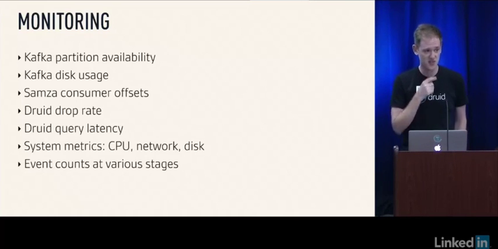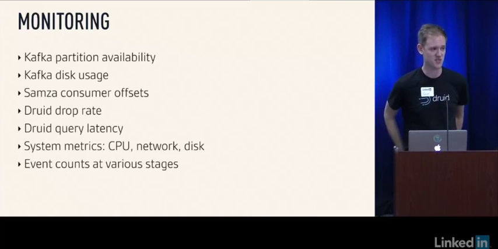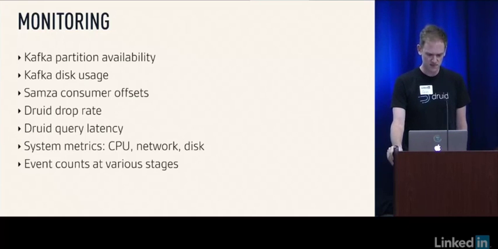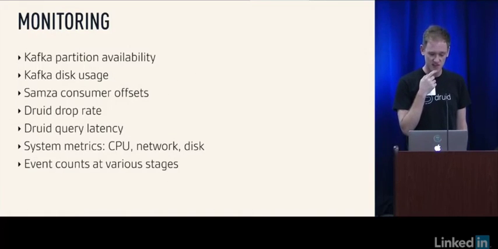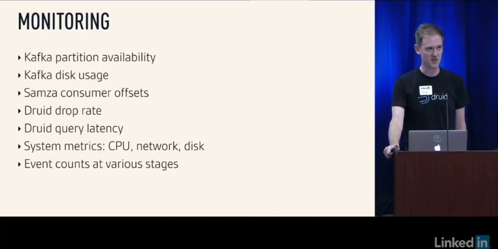So, monitoring. We do a lot of monitoring. We try to be up as much as possible. These are some things that we found were useful to monitor. Kafka partition availability is pretty important, and even more interesting than availability is under-replication. That's like an early warning we found.